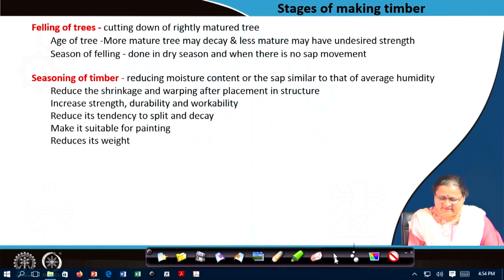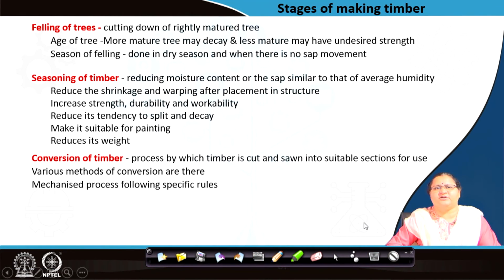After the process of seasoning, we need to convert it to timber. So, this wood which we had obtained after felling of tree and after seasoning, we convert it to usable form, suitable sections for use. So, suitable section is not as per I desire or you desire. It is to be found out whichever portion is really usable.